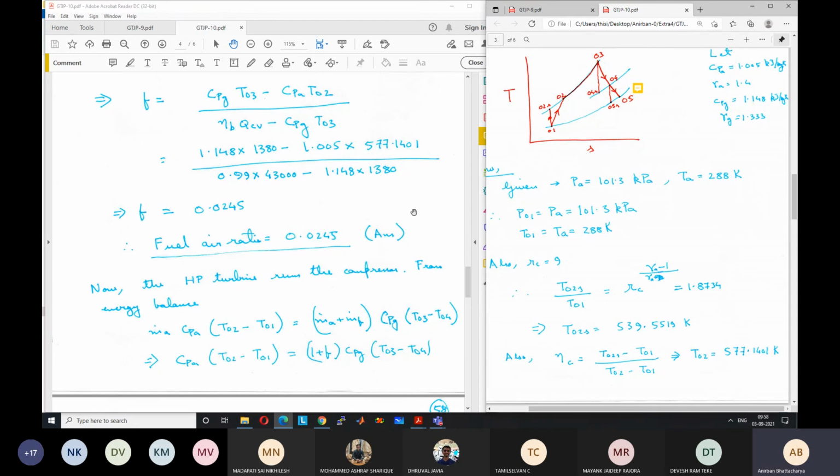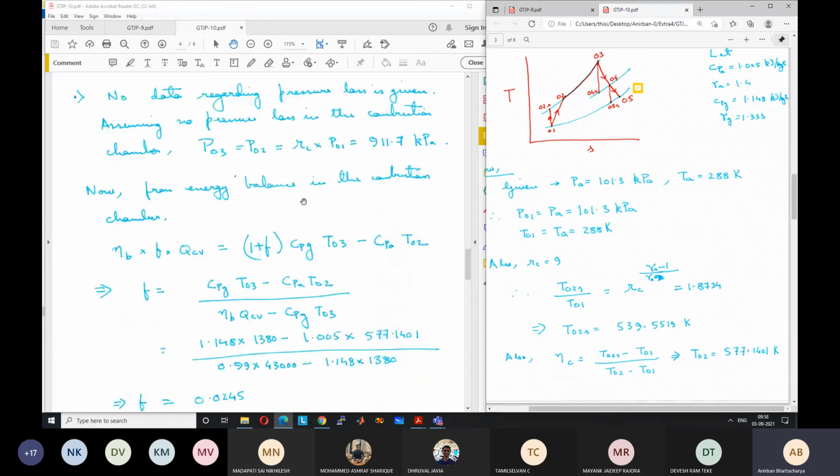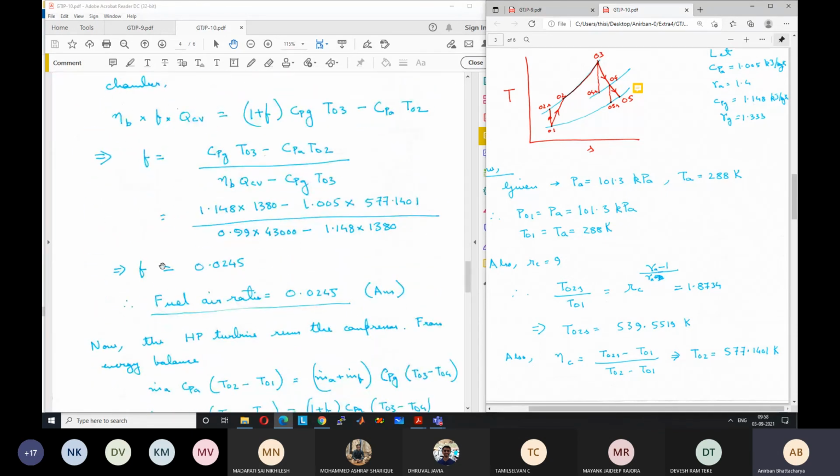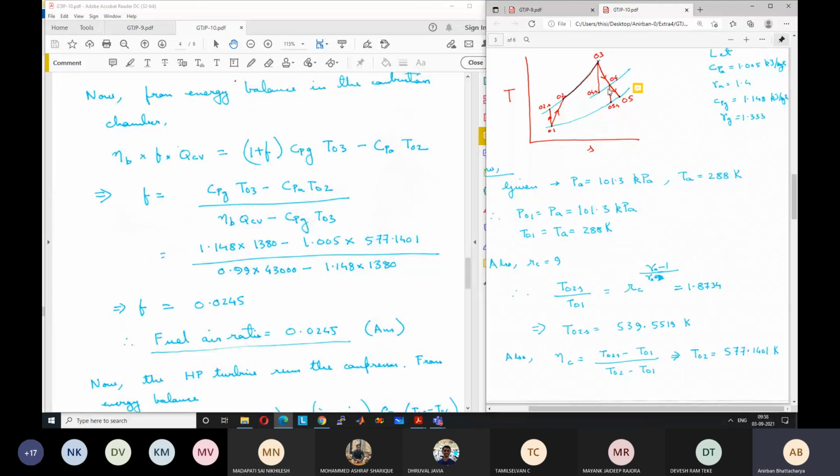Now for the high pressure turbine, point 03 is known. T03 is 1380 Kelvin and P03 we have also calculated. Fuel air ratio is also known. What is unknown here? Both T04 and P04 are unknown. If P04 is unknown, how will we calculate T04?